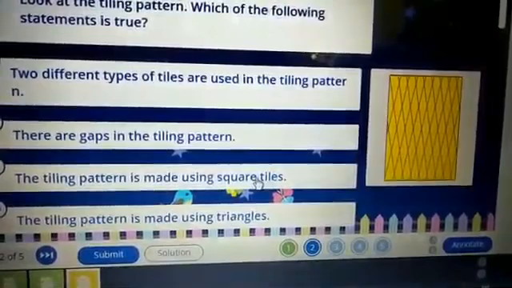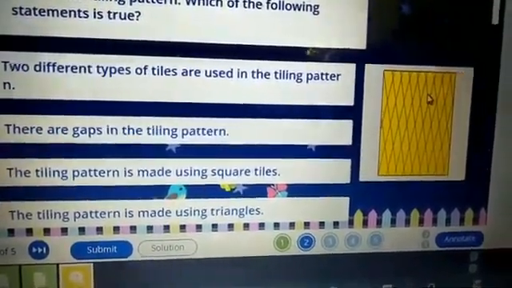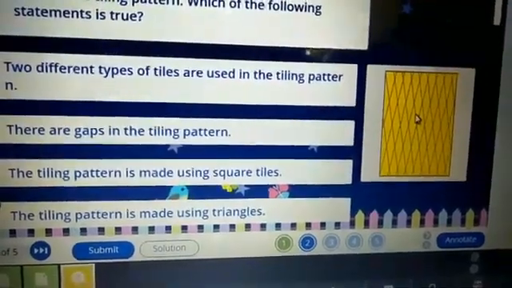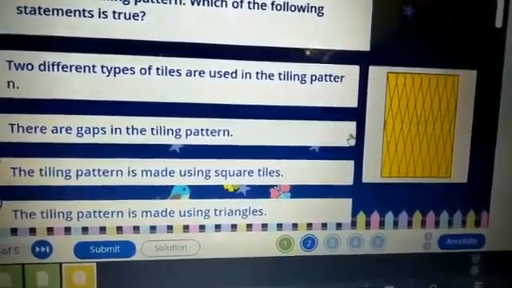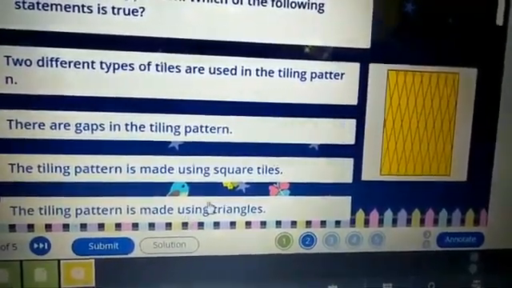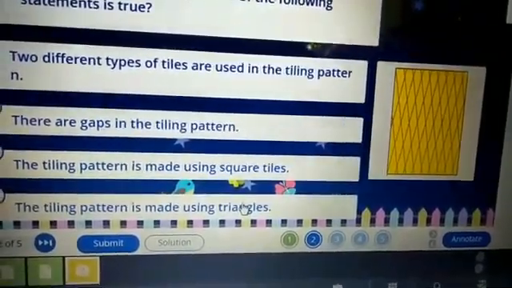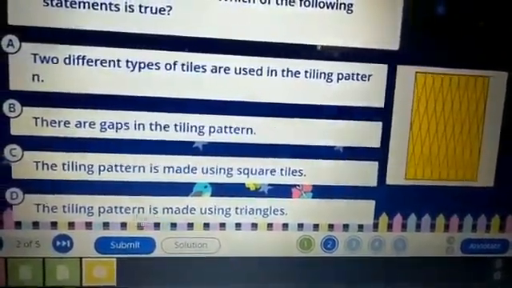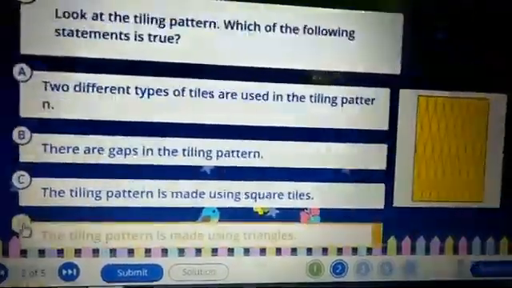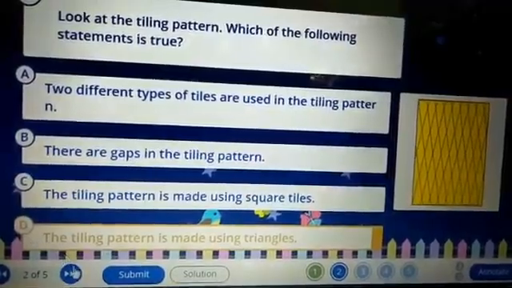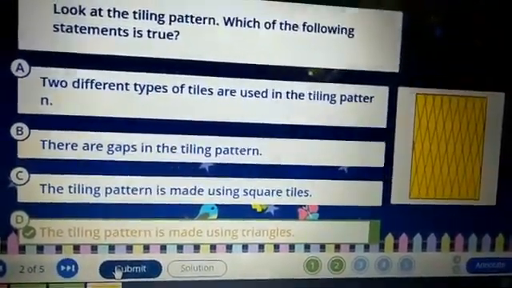Then the tiling pattern is made using square tiles. Is this a square? No, these are not squares. This is a triangle. So the tiling pattern is made using triangles. So this option only is correct. So D is our option. I choose D. Children, shall we check our answer? Yes, our answer is correct.